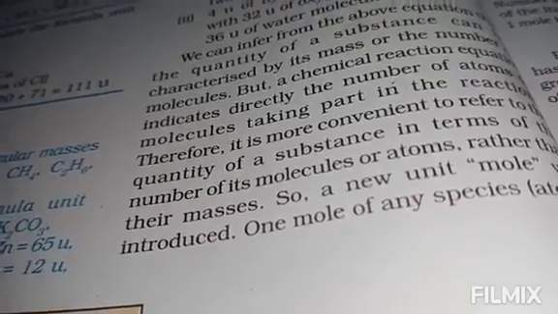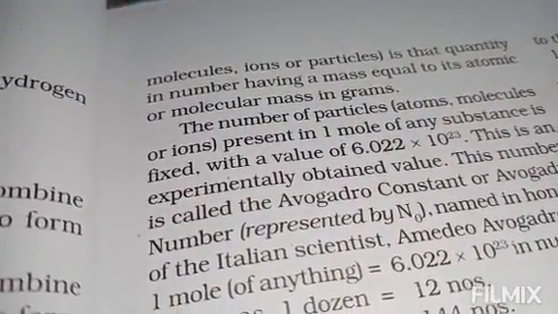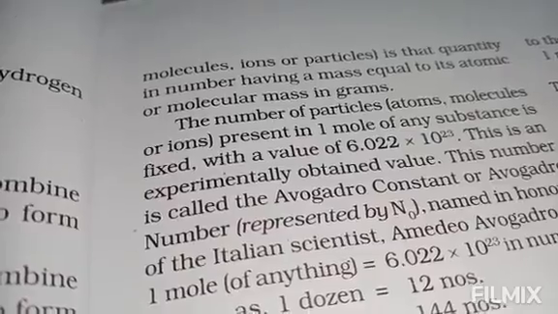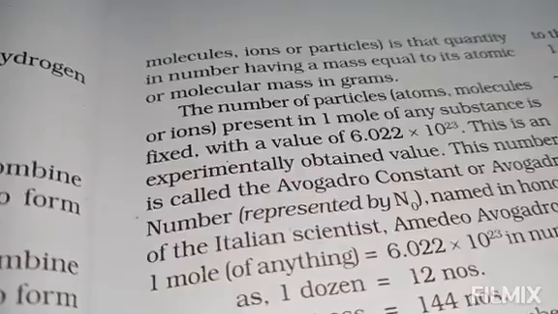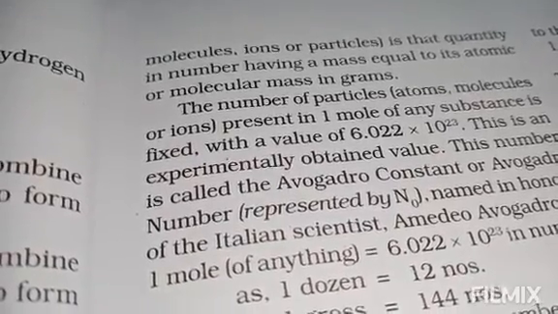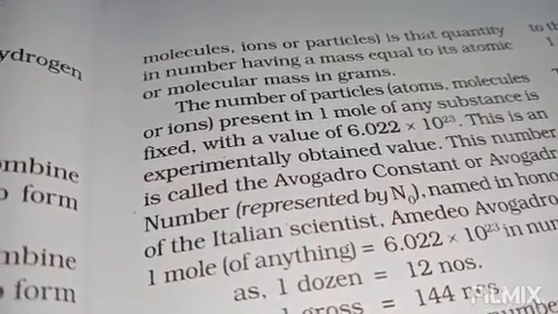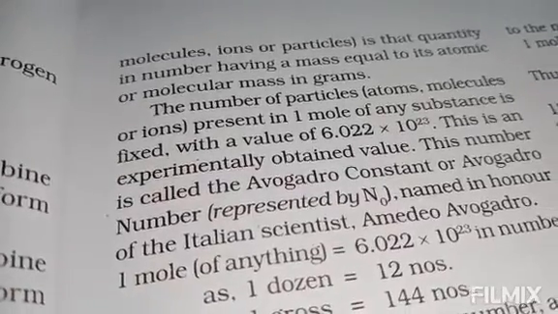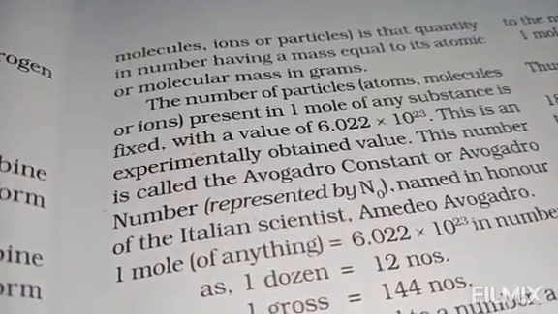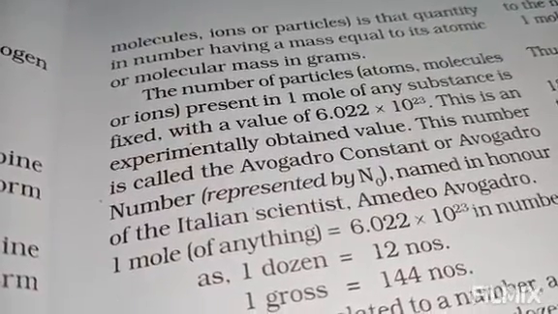1 mole of any substance, that is atoms or molecules or ions or particles, is that quantity in numbers having the mass equal to the atomic mass or molecular mass in grams. The number of particles, that is atoms, molecules or ions, present in 1 mole of any substance is fixed with a value of 6.022 into 10 power 23. This number is an experimentally obtained value, and it was calculated by Avogadro.